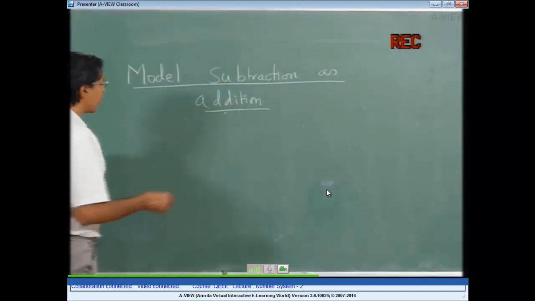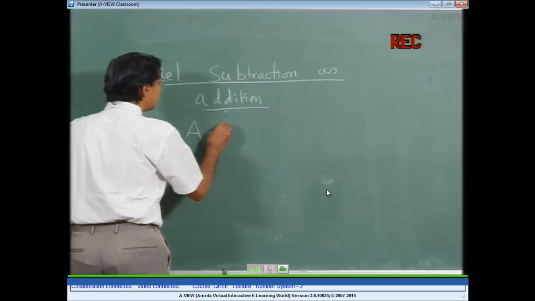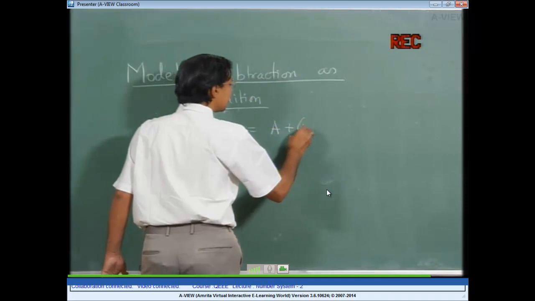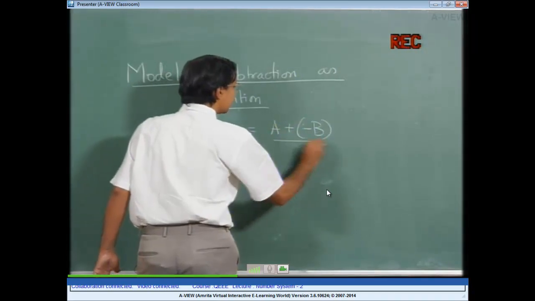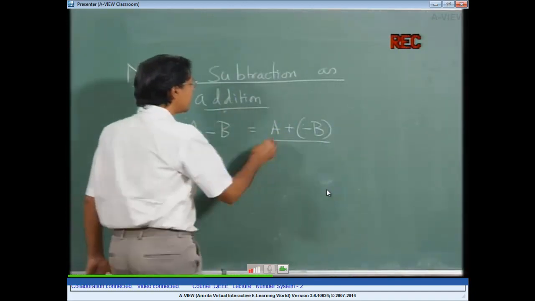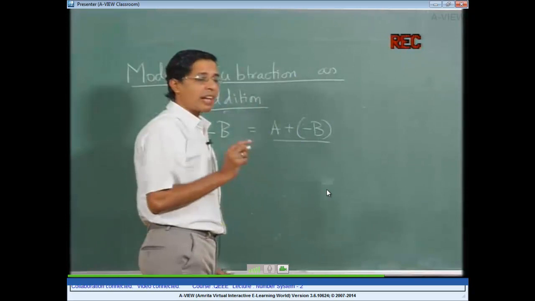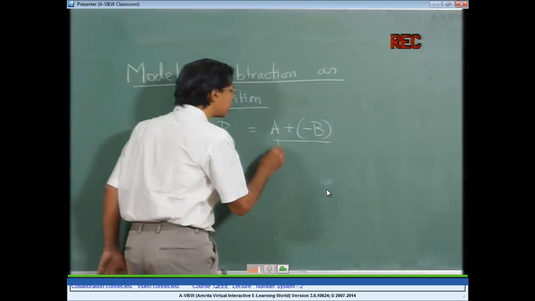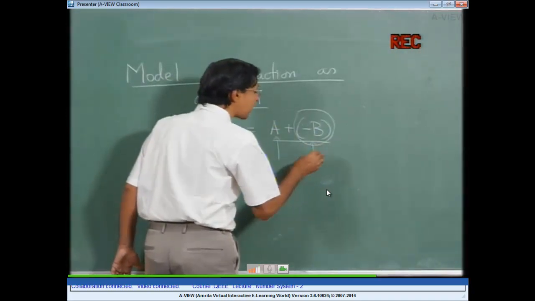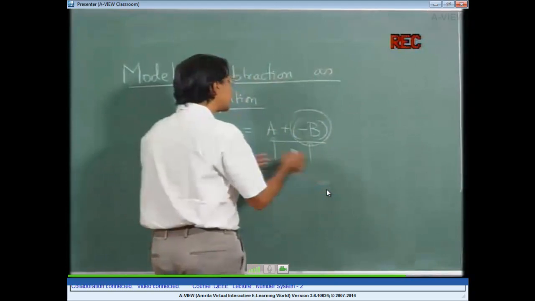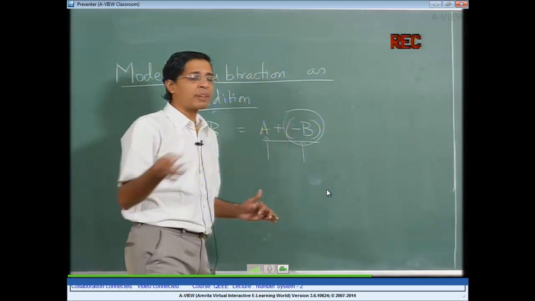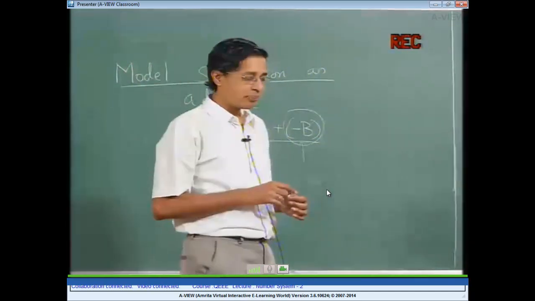There is a very simple intuition for this. Suppose I want to do A minus B, this should become A plus some minus B. As far as the hardware adder is concerned, it will assume that A is an unsigned number and this minus B is another unsigned number, it will just do addition and give us a result, and that we have to reinterpret it and find out what the answer is.